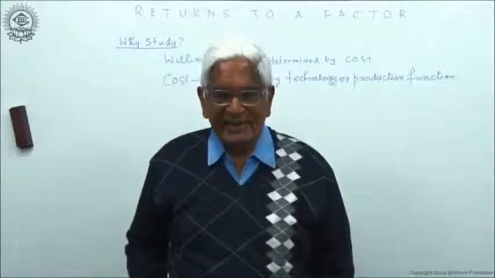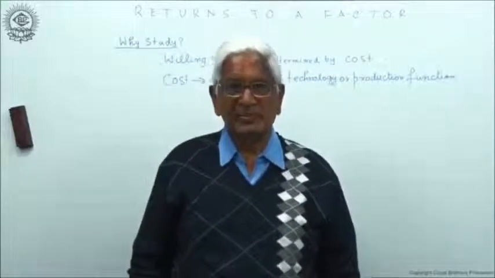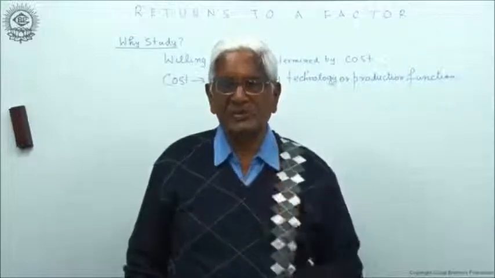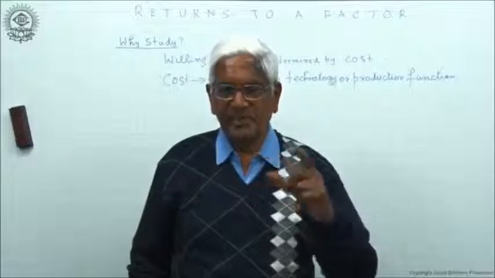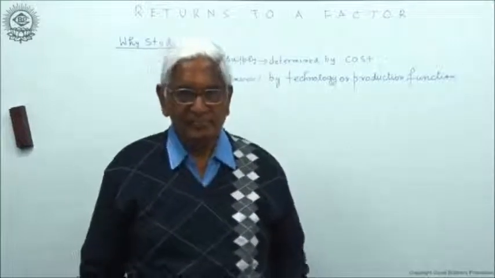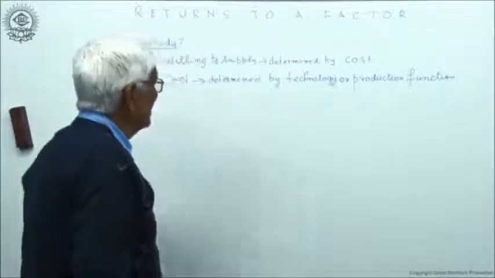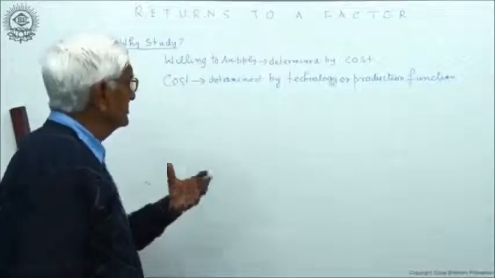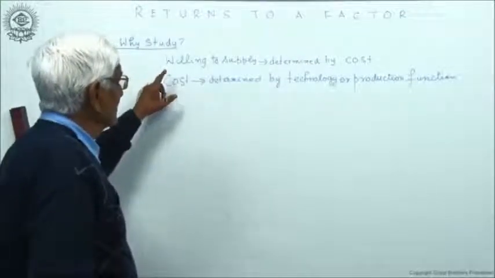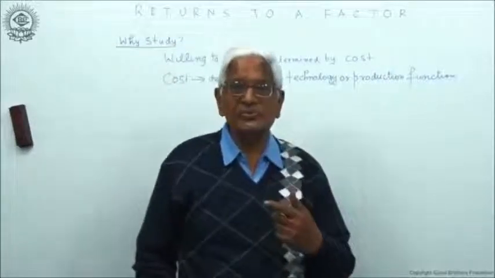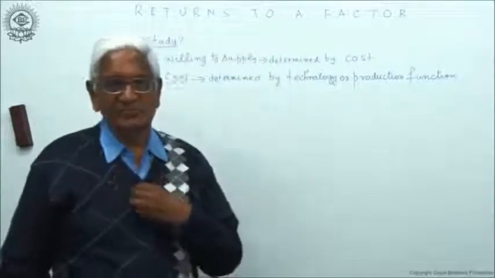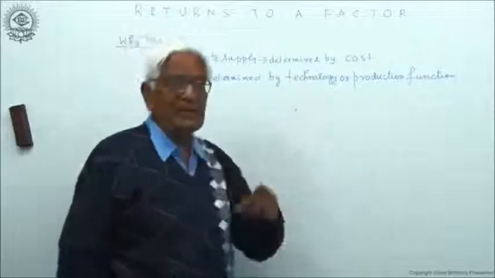Our main concern in this topic is to study one of the aspects of this supply side. Let us remember how much quantity a producer is willing to supply is determined by cost.